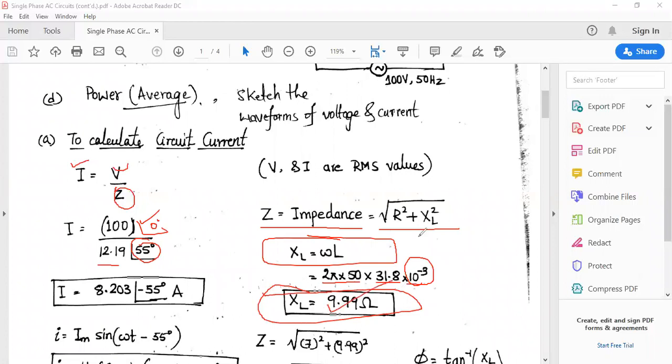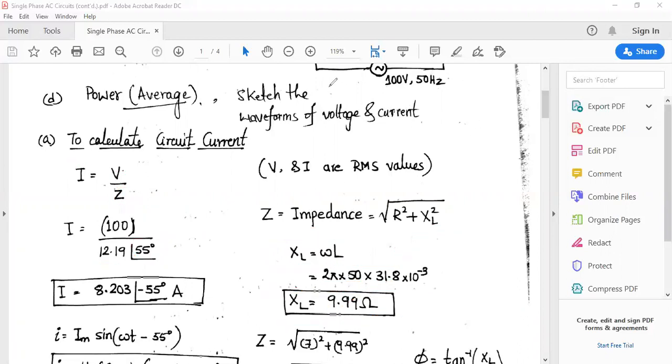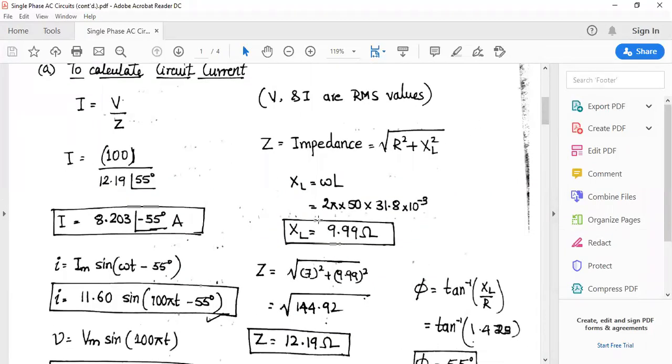This is how you can calculate XL, and then Z is root of R squared plus XL squared, so root of 7 squared plus 9.99 squared. Z is 12.19 ohm, and phi is tan inverse of XL by R. So this is how you can calculate Z and phi.